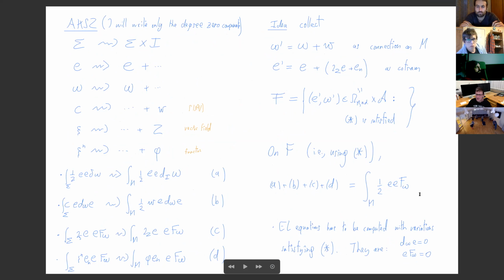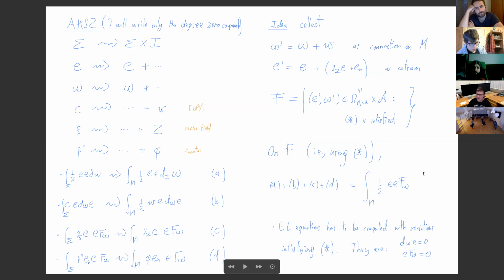Okay? So now you can compute the Euler-Cartan equation for these actions. Of course, you don't get the Lagrange equation for Palatini-Cartan because the fields are constrained, so also the variations are constrained. You get fewer equations, but then you have to add this new equation, and it turns out that altogether they are the same.